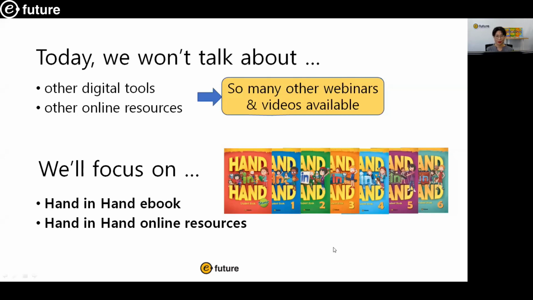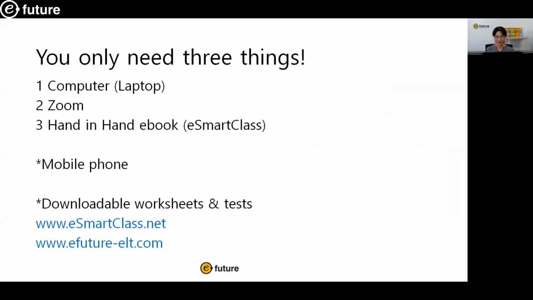So let's think about our language target, our students and ebooks. In order to start your online lessons, I know some of you are already doing online teaching. 75% of you are teaching online already.